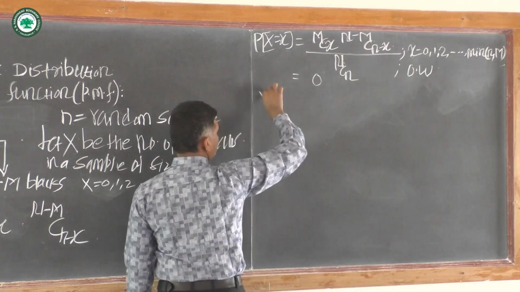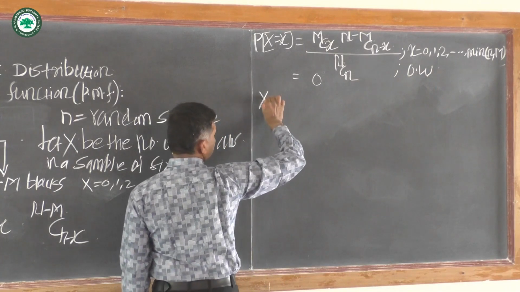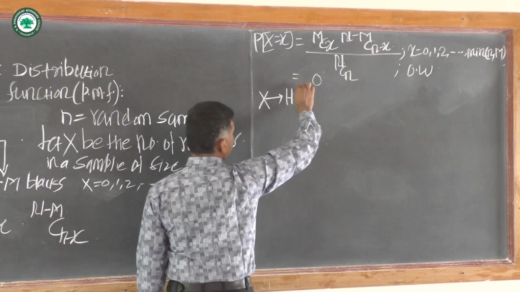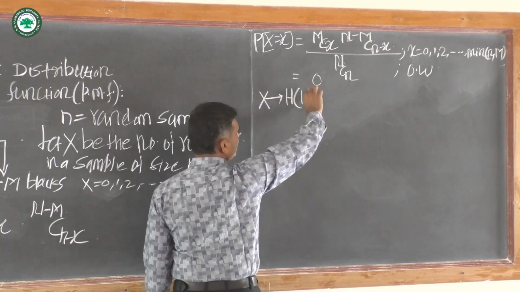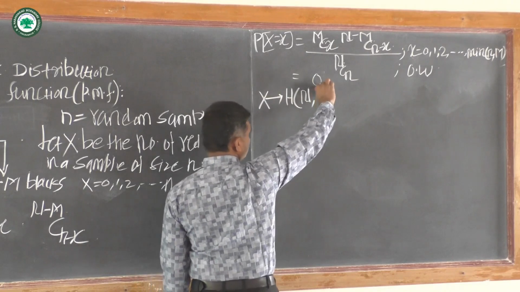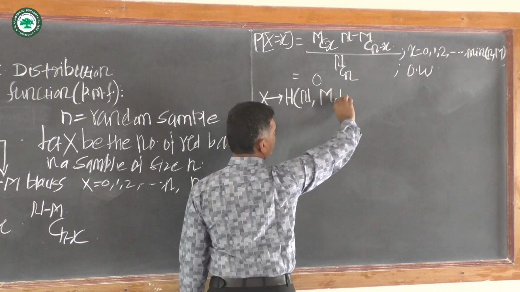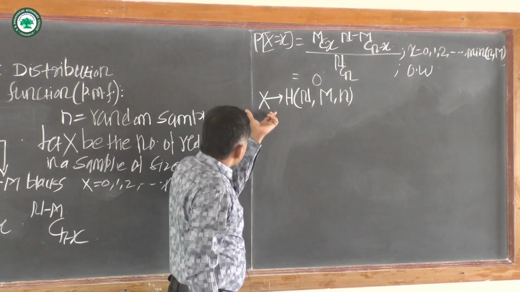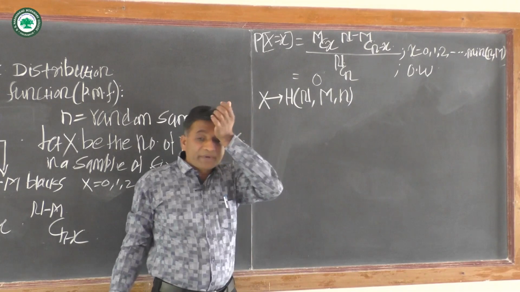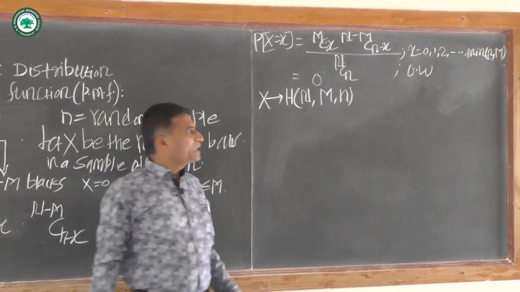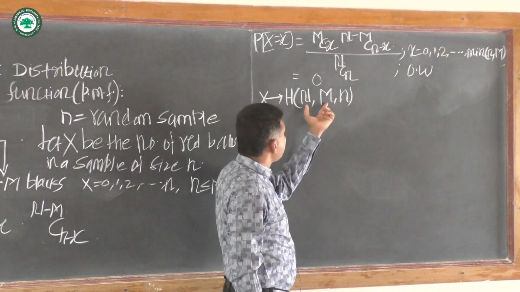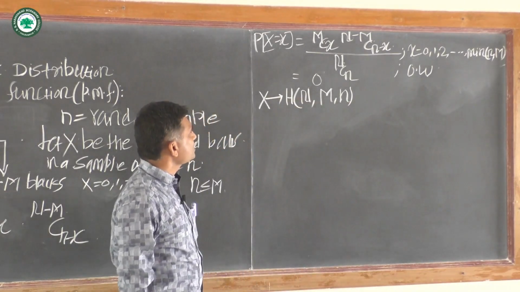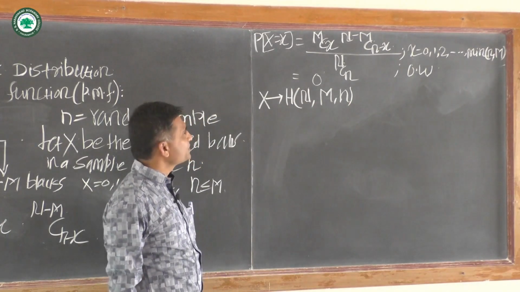Now this random variable x follows the hypergeometric distribution with parameters capital N, capital M and small n. So this can be written as x follows the hypergeometric distribution with parameters N, M and n, and this is the probability mass function of the hypergeometric distribution.